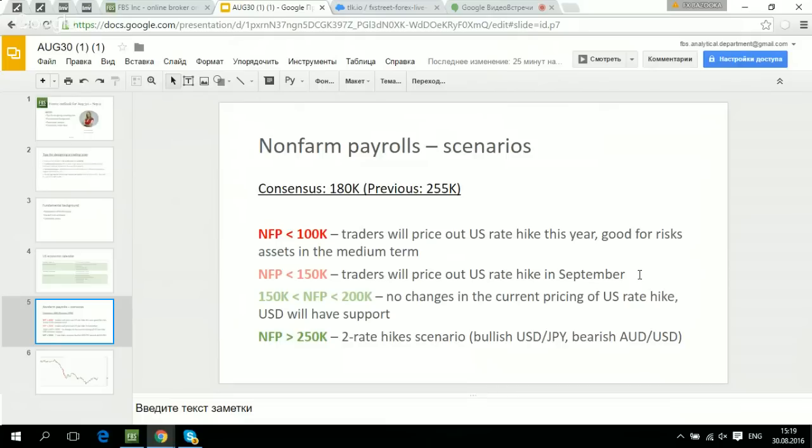So it is a kind of unchanged situation which will keep the uncertainty in place, and taking into account the fact that we won't hear much from the Federal Reserve speakers until the next meeting of the Federal Reserve, which will take place on September 21st, the market will likely remain sideways, and we won't see big directional moves in any of the currency pairs, I think.